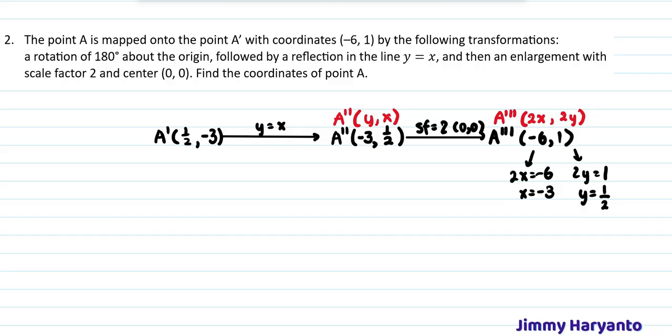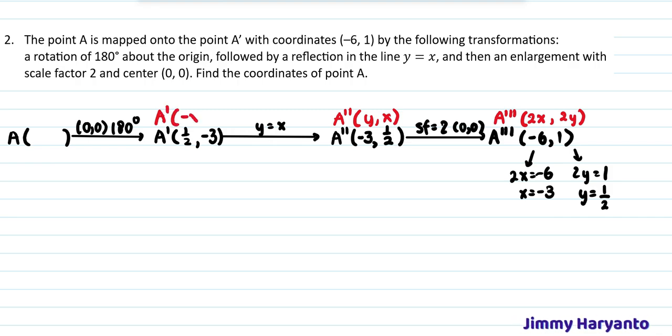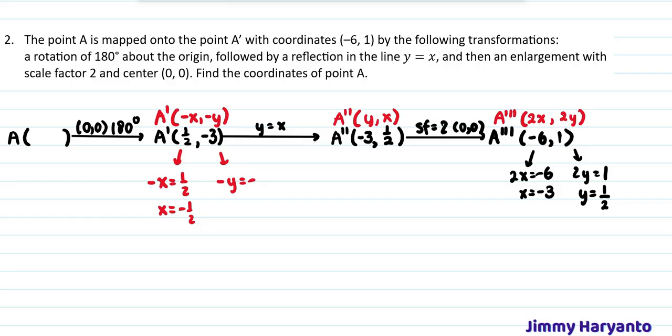And then before the reflection to y equals x, there is rotation of 180 degree with 0, 0 as the center. The formula for this one is A prime, negative x comma negative y. That means from this one you have negative x equals half, x equals negative half. For this one you'll have negative y equals negative 3, so y equals 3. That means the coordinate of A is negative half comma 3.